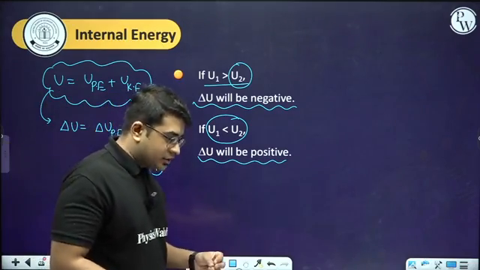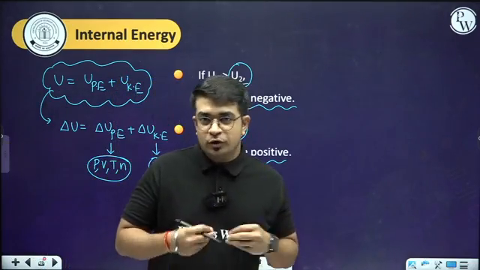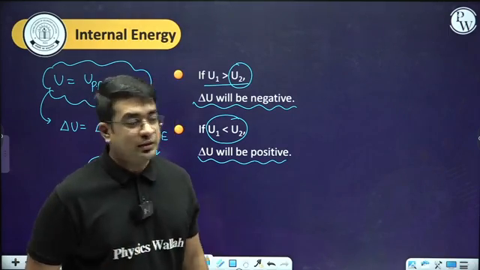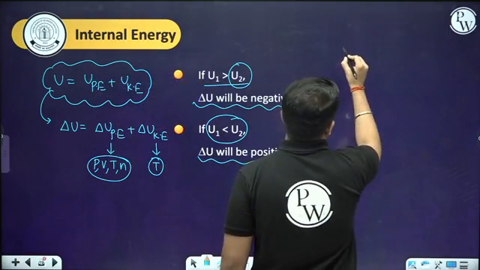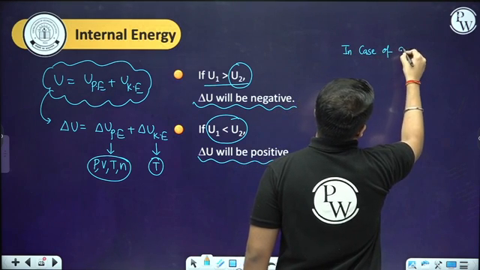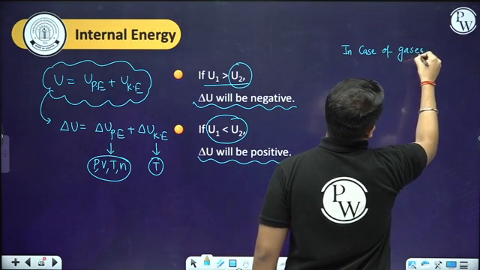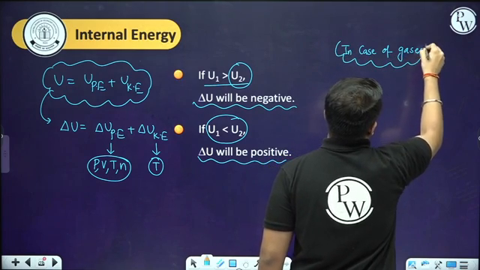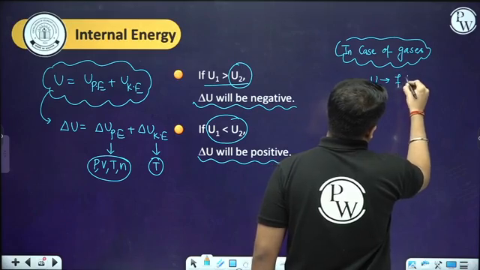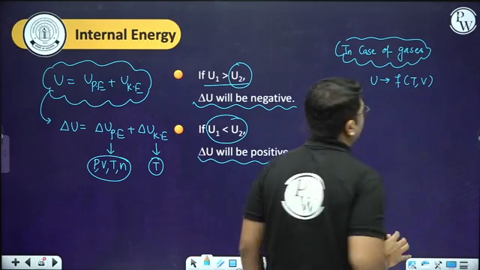Now, generally in this entire analysis of thermodynamics, we are going to talk about the PV work done. We are going to talk about the gases only. So let's start with the first part. In case of gases, generally we know that U is basically a function of temperature as well as volume only.